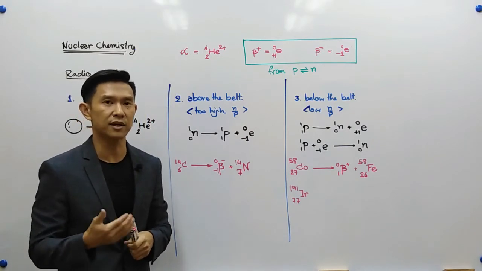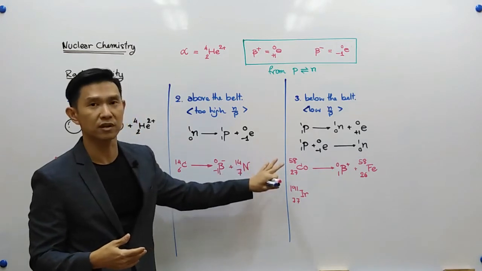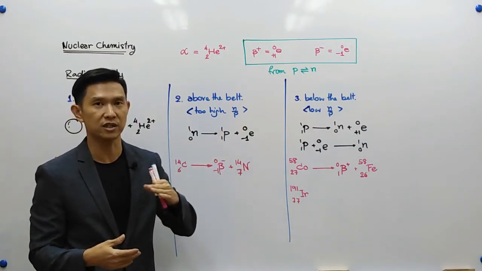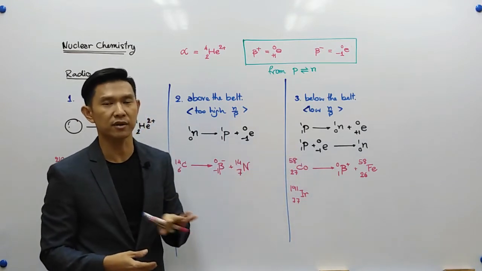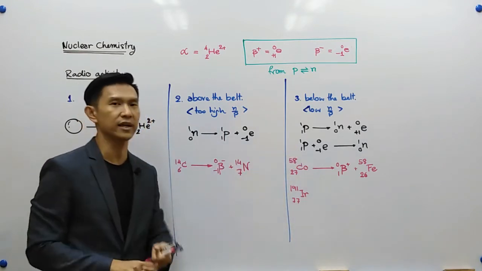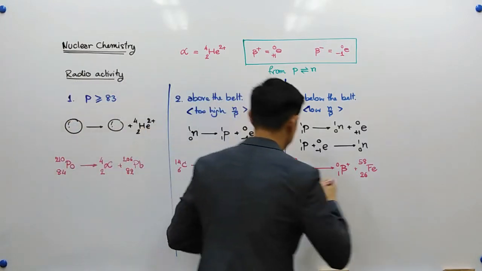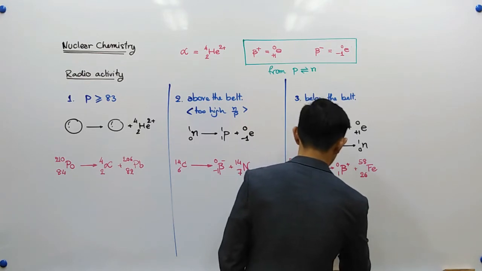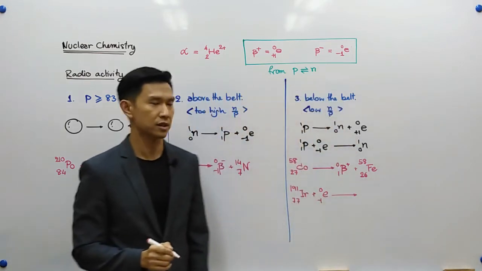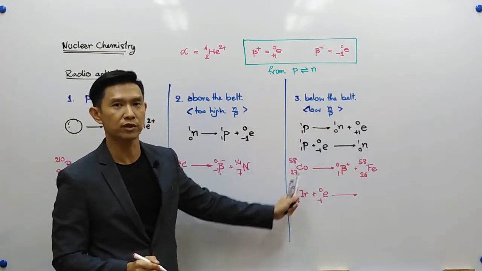And the nearest electron that can be recombined with the proton is the electron in the K shell. So this type of thing we call K electron capture. Electron capture or K electron capture or K capture, whatever. Okay, so your iridium is going to take one electron from the K shell, and then it's transformed. So after you take one electron here, it recombines with a proton, producing a neutron.